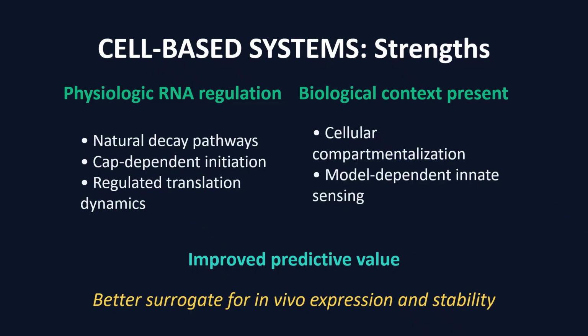So, when it comes to cell-based systems, they restore much of the biological context that's missing in cell-free systems. RNA is processed within intact cellular machinery. Natural decay pathways operate.